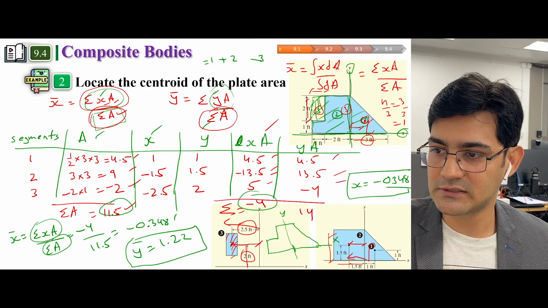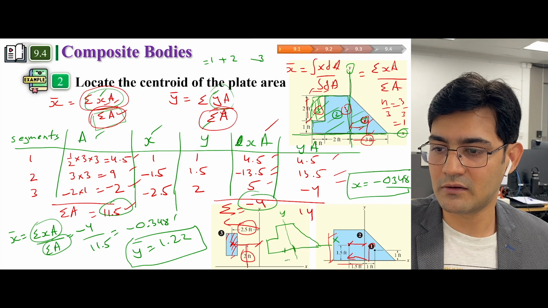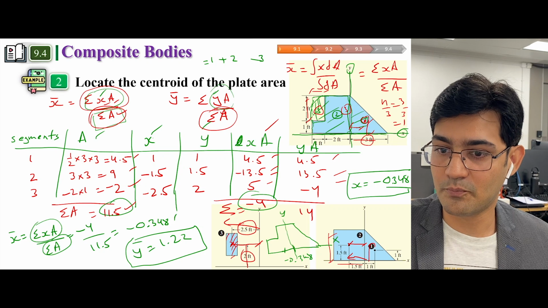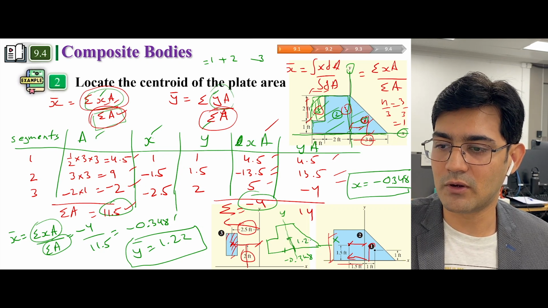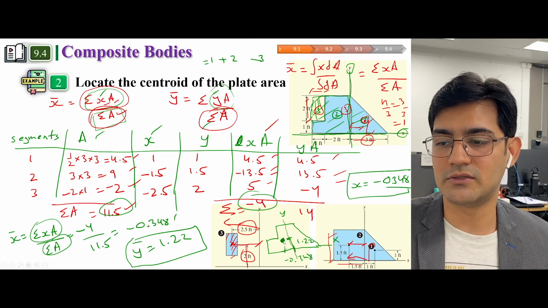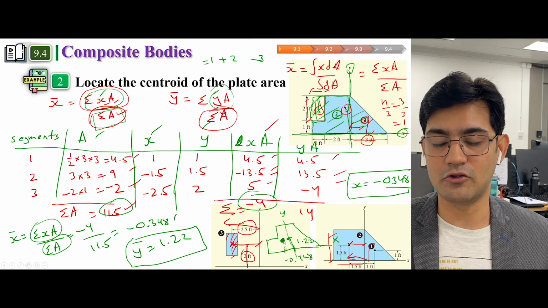So this is minus 0.348, and from x we have to go positive, so we have to go upward, and the distance should be 1.22. So this is the centroid of the composite body.